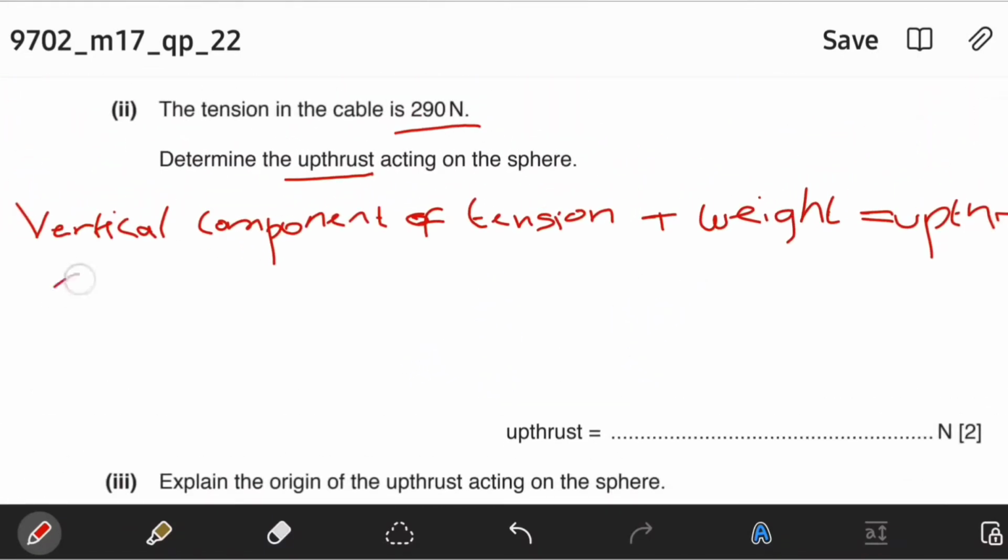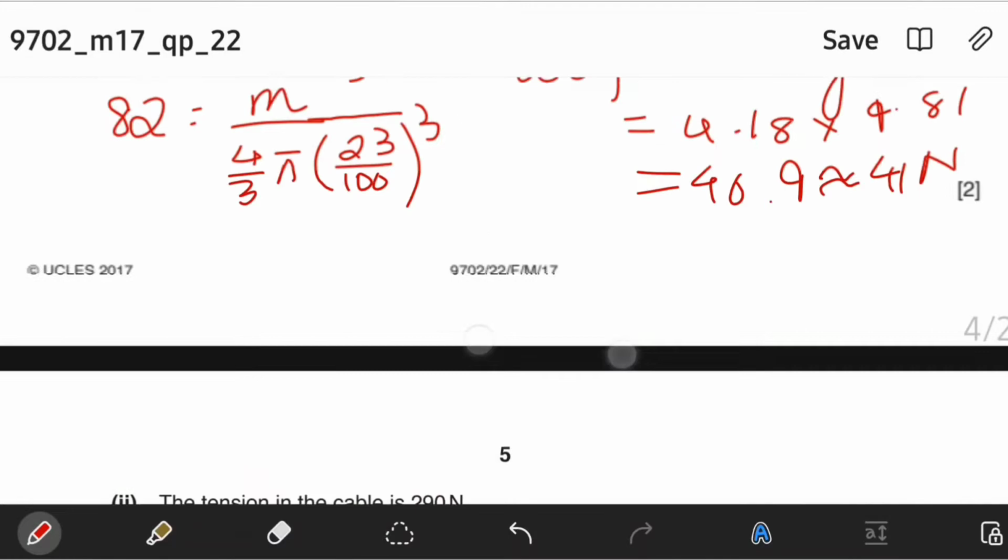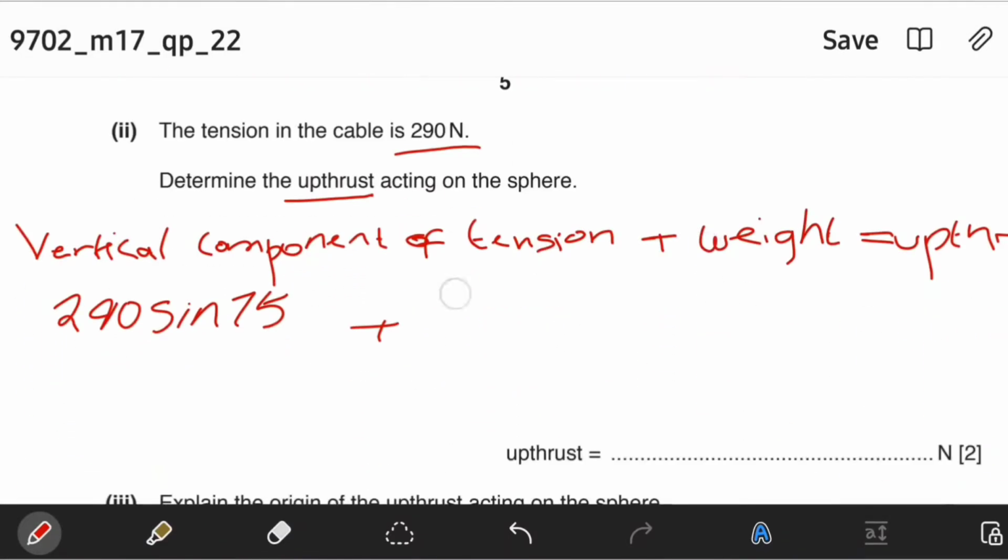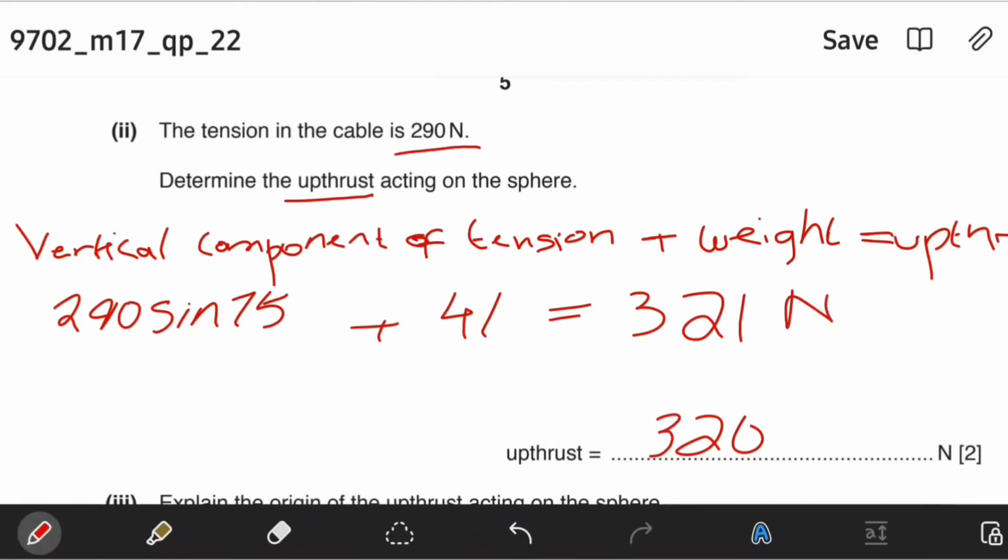So vertical component 290 sine 75 plus weight was also found out in the last part, and that is 41, and after calculation you'll get the answer as 321 newtons.